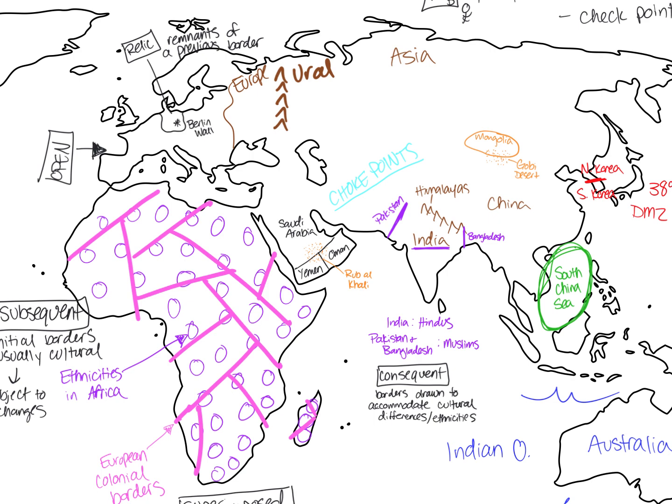If it's on land, think valleys or things like that where you could close it off. But most of our geopolitical choke points are water-based, areas that could be closed off fairly easily and would have a lot of implications.